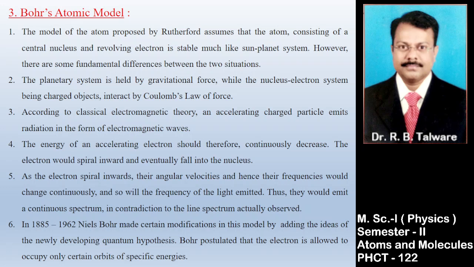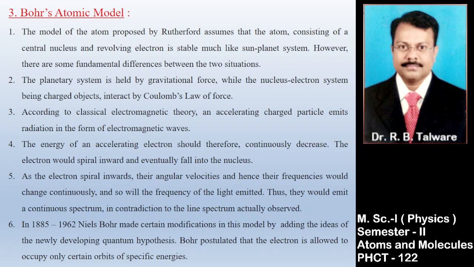The third one is according to classical electromagnetic theory, an accelerating charged particle emits radiation in the form of electromagnetic waves. The energy of an accelerating electron should therefore continuously decrease. The electrons would spiral inward and eventually fall into the nucleus. They emit all energy in the form of heat.